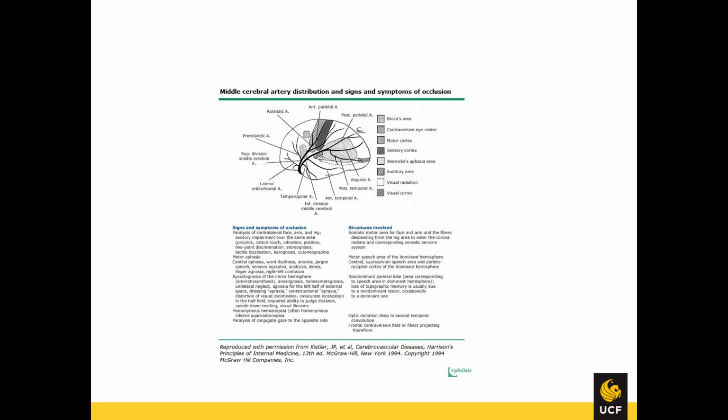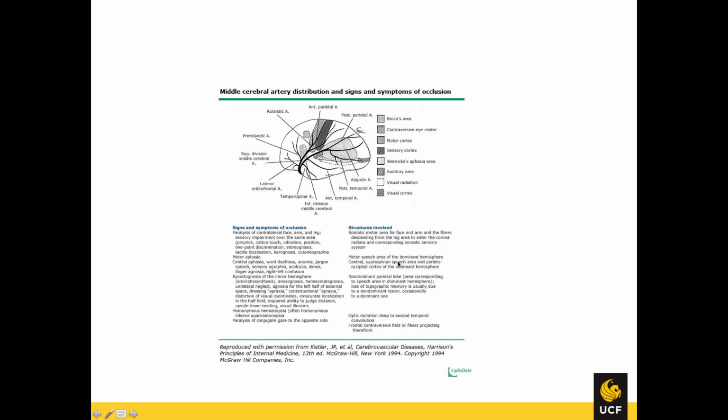All those types of things here on the left are symptoms of an occlusion. Let me get my arrow out again. If you look at these signs and symptoms, you can see exactly where you're more than likely going to find that.